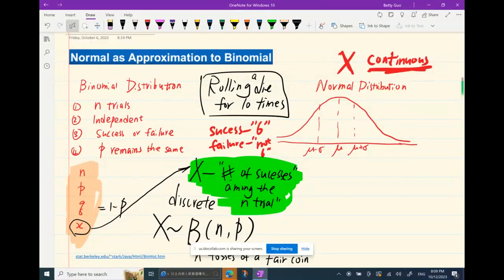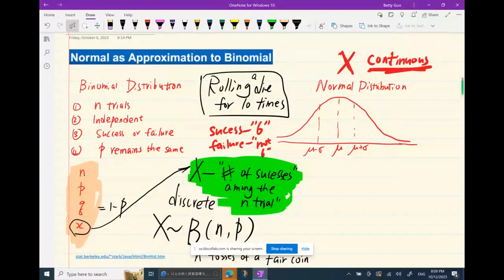So we have a continuity correction to adjust from discrete to continuous. That's going to be a challenging part for this section. We are going to take time to tackle that part.